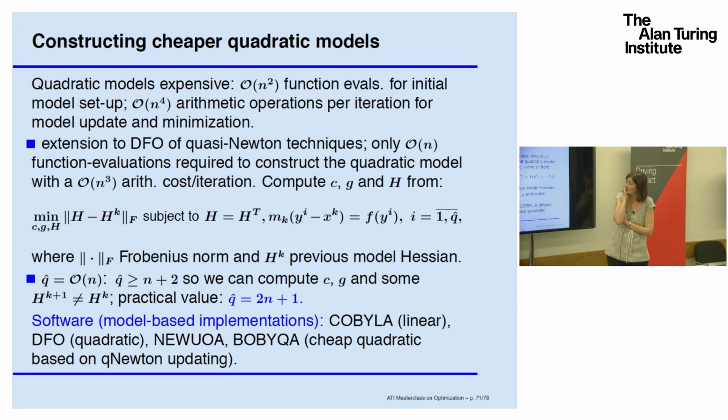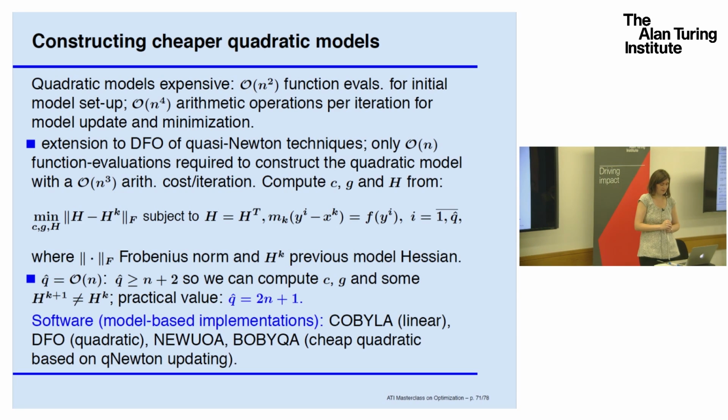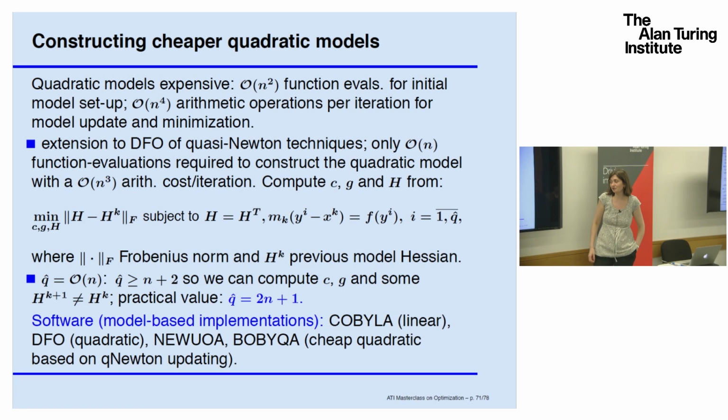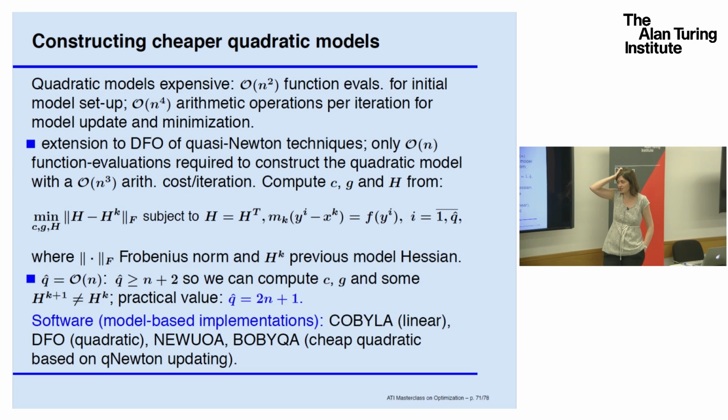Right. So we can do something a bit cheaper, but these order n squared models really work very well for noisy functions. But there is a cost, and so the methods don't scale well. There is software out there, for example BOBYQA. We've used BOBYQA a lot. It's a very good piece of software. It's in Fortran. We are going to release a Python version very soon.